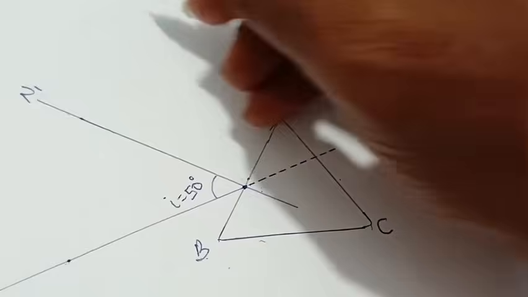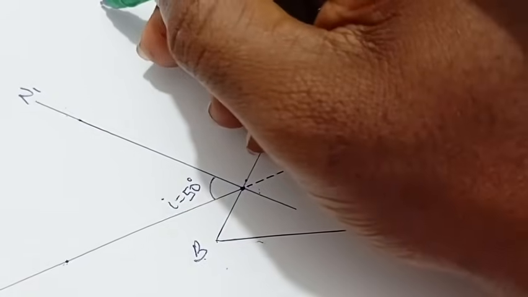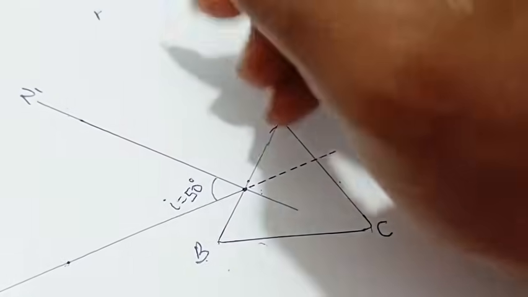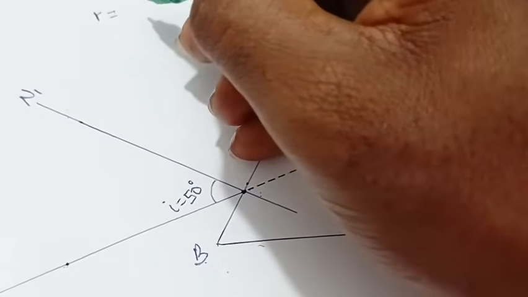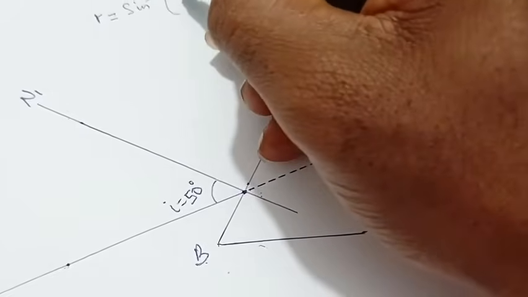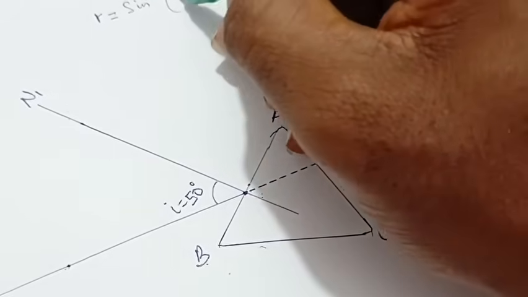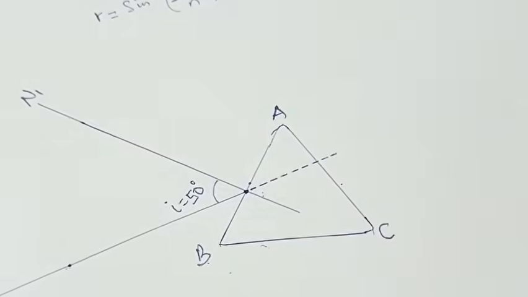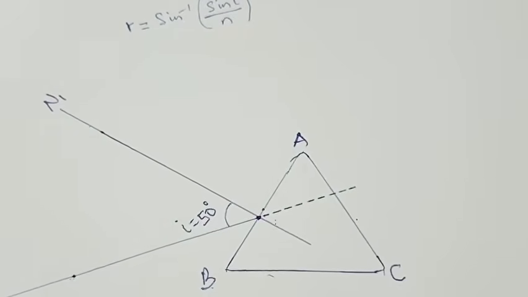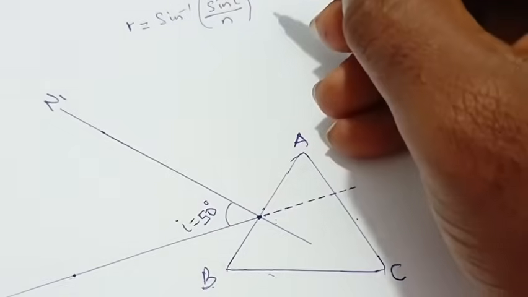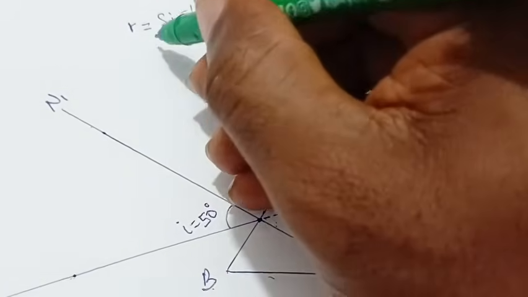The refracted angle will be equal to sine inverse of sine of the angle of incidence divided by the refractive index of the glass. Now we can use the refractive index of the glass to be 1.5. So if I substitute there, what are we going to get?